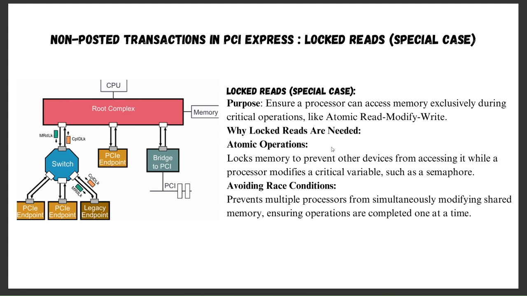Imagine you have a semaphore, a variable that prevents multiple devices from using the same resource at the same time. So, when a processor checks the semaphore, like testing if a resource is free, and decides to change its value, like marking the resource as in use, no other processor should be able to modify the semaphore during the process.